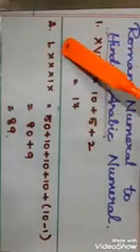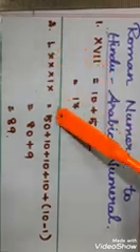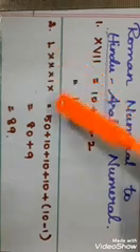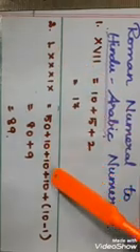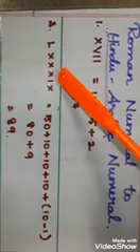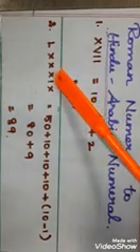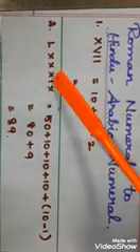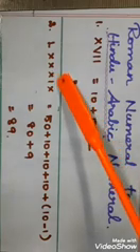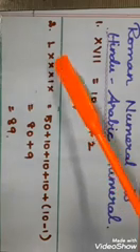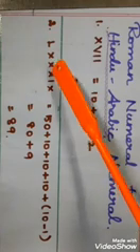Now LXXXIX. Value for L is 50. X is 10. So 10 plus 10 plus 10. Here I, here X. So I is the smaller number which lies before a bigger number, that is 10.